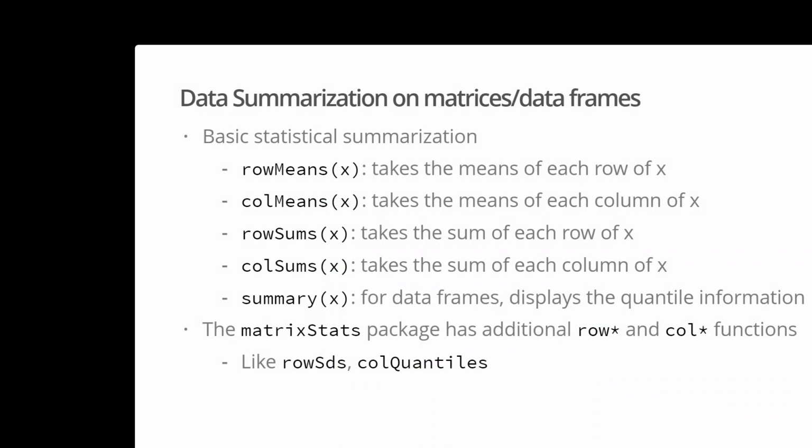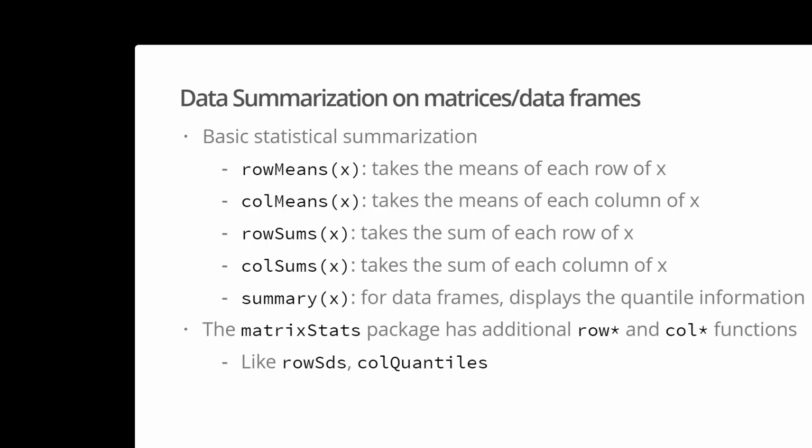So that's sort of in one vector, like one column of your data. If you just have big matrices of a bunch of different numbers, there are these helper functions for matrices or data frames. Note that these only really work on all numeric data. They don't really work on categorical data. And so if I have this big matrix, I can say rowMeans, which takes the mean of each row of x. colMeans takes the mean of each column. There's also rowSums and colSums.